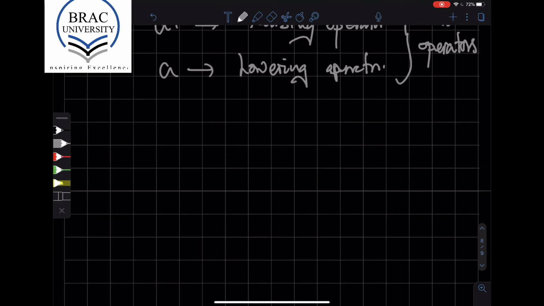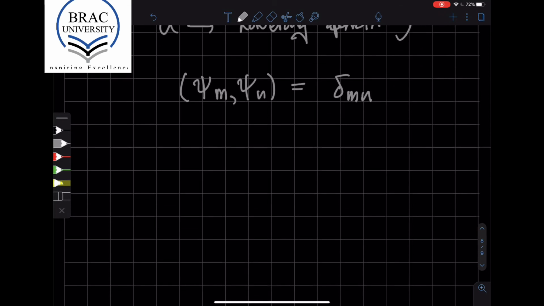To do this, let's start with the inner product between two states, psi m and psi n. And we have seen that this is equal to delta mn. Now, if I look at the inner product between a acting on psi n and a acting on psi n, then we're going to get C n minus 1 star from this one, and C n minus 1 from this one.